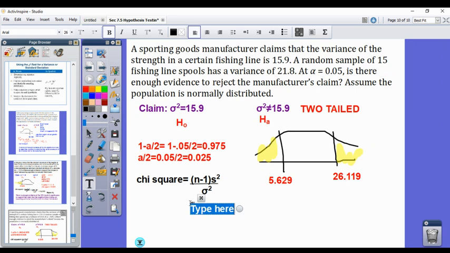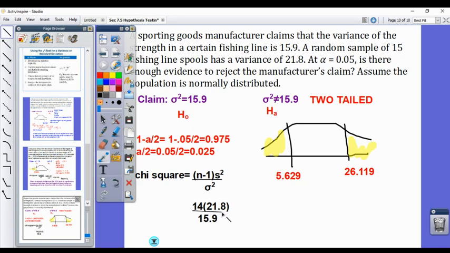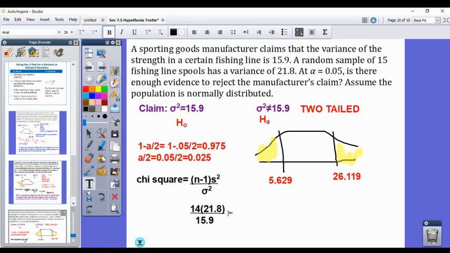All right. So I'm going to get 14 times 21.8, and we're dividing that by 15.9. And if we do that, we are going to end up with an answer of 19.195.